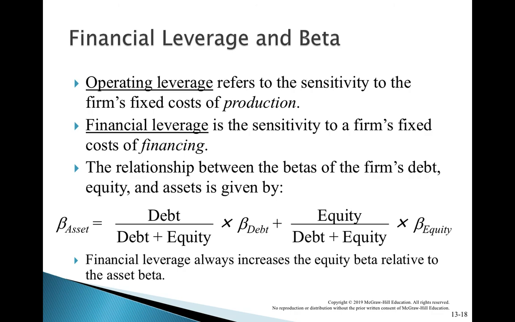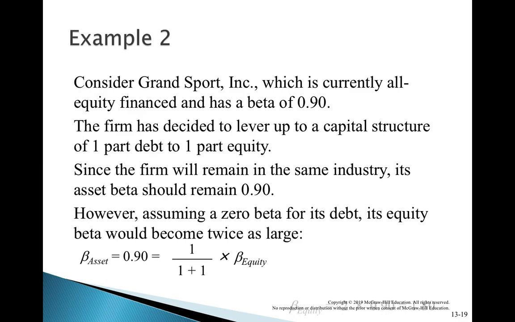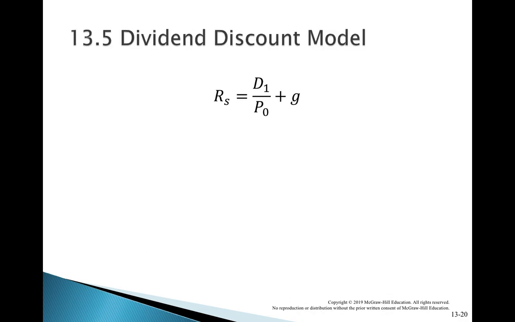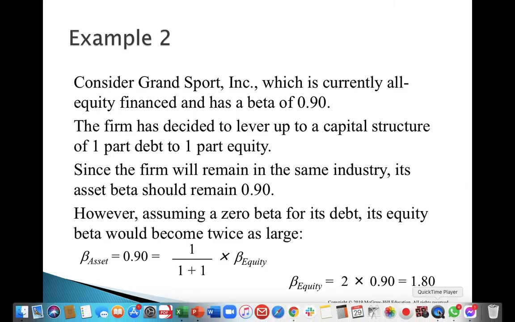Here the asset beta 0.90 is equal to equity 1 divided by debt 1, equity 1, that is 1 by 2, multiplied by beta of equity. Therefore, the equity beta is equal to 1.80. Hope it is clear. Now, let me stop here.